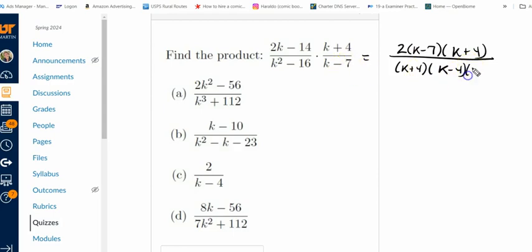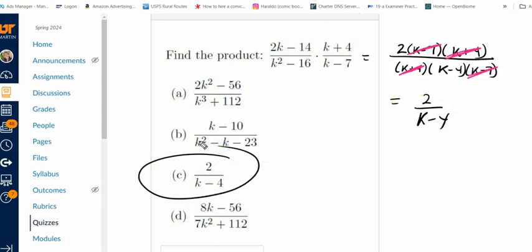And then we have k minus 7. Now I have a product in the numerator, a product in the denominator. So I can cancel the k minus 7s, and I can cancel these k plus 4s. So after cancellation, I'm going to be left with 2 over k minus 4. Okay, so the answer is going to be C.